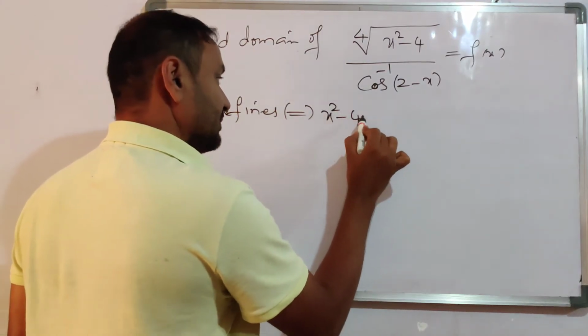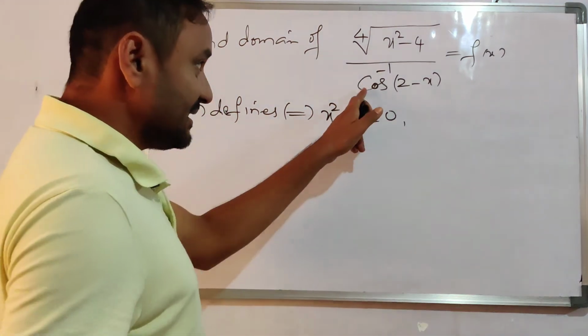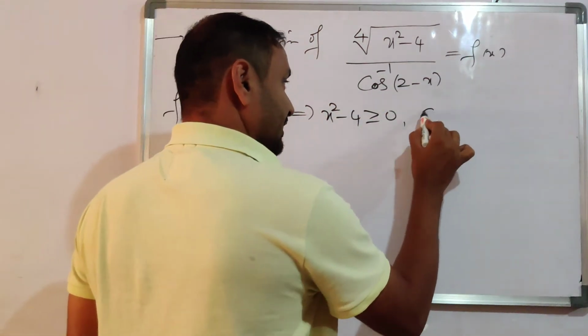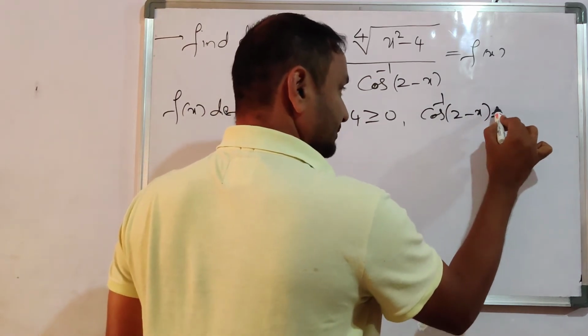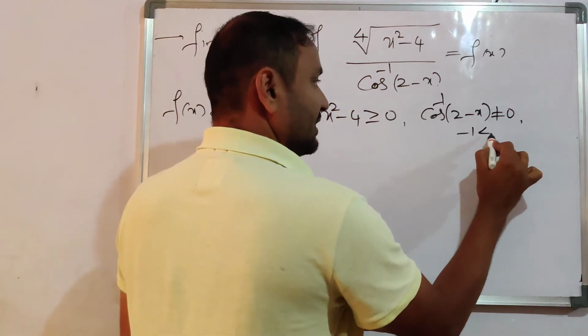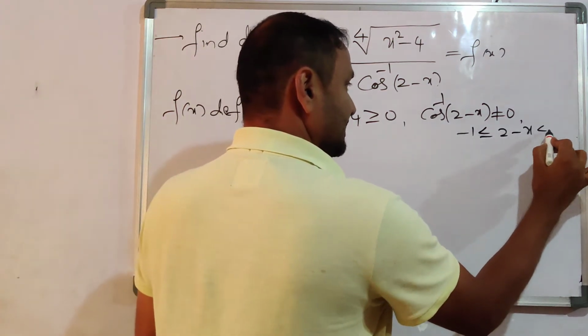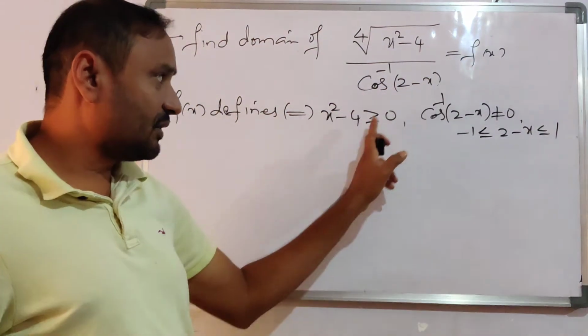So x square minus 4 greater than or equal to 0. It is in the denominator, so cos inverse of 2 minus x is not equal to 0. And also cos inverse of something lies between minus 1 and 1, so minus 1 less than or equal to 2 minus x less than or equal to 1. f of x is defined for these values only.